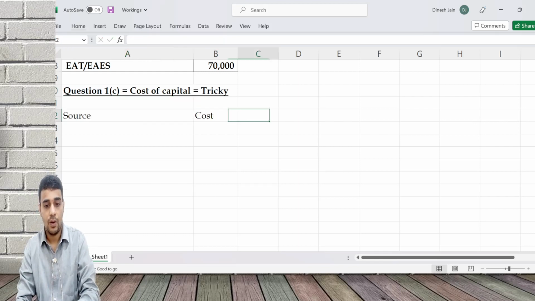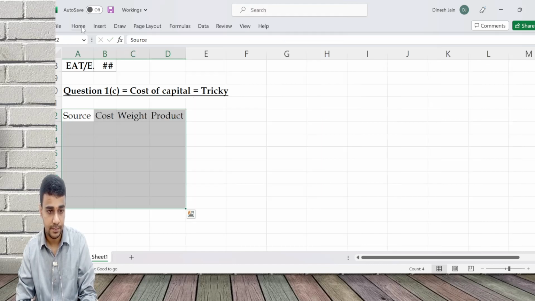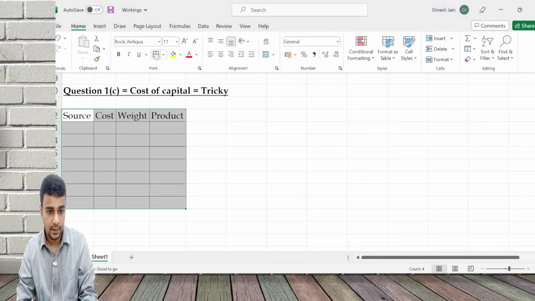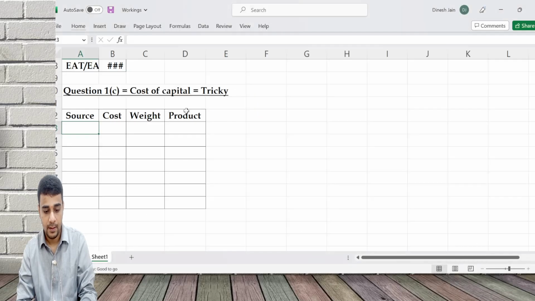Source, cost, weight and product. The sources are equity, preference and debentures, and then the total.